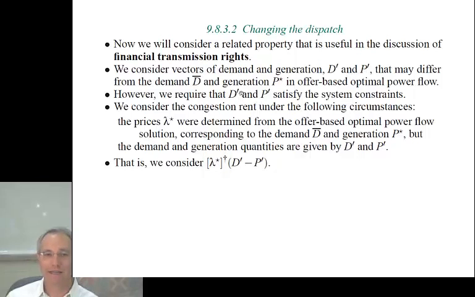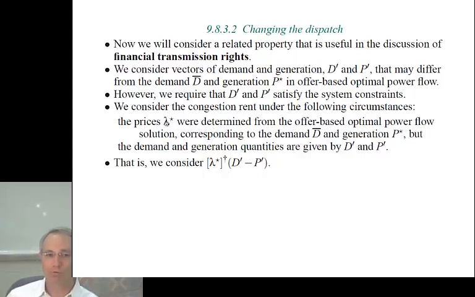Let's suppose that D primed and P primed satisfy the system constraints. In other words, they satisfy power balance and they satisfy that the line constraints are within the limits. We're going to consider the congestion rent under the following circumstances, which will turn out to be relevant to the case of financial transmission rights.